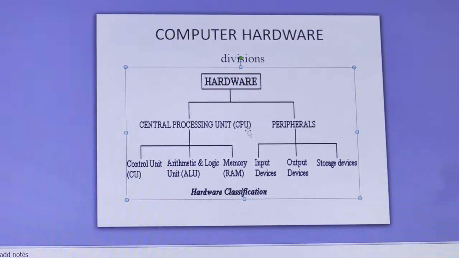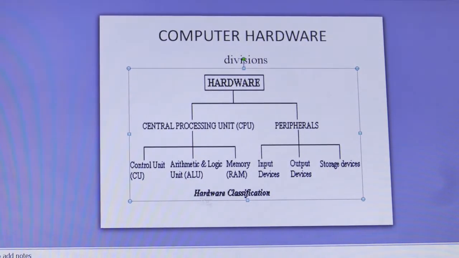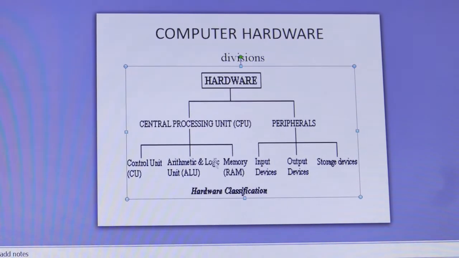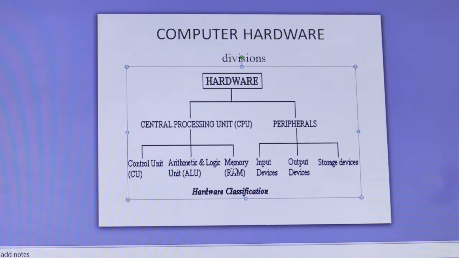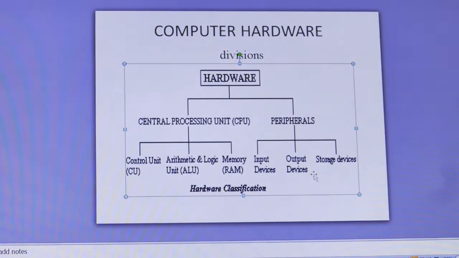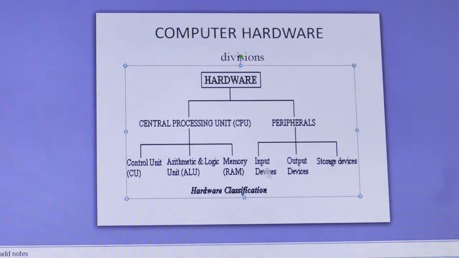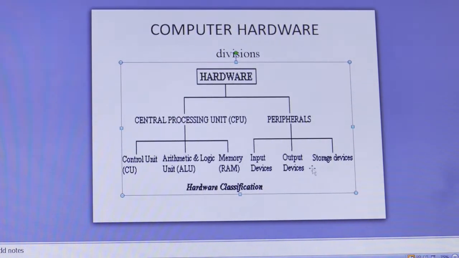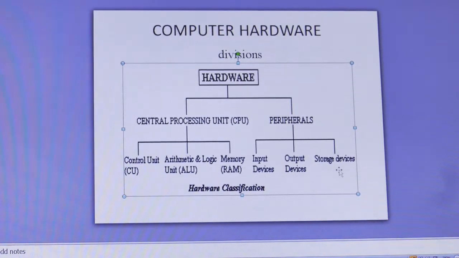Central processing unit also has three parts: control unit, arithmetic and logic unit, and main memory. And peripheral, we have three parts. We have input devices, output devices, and storage devices.